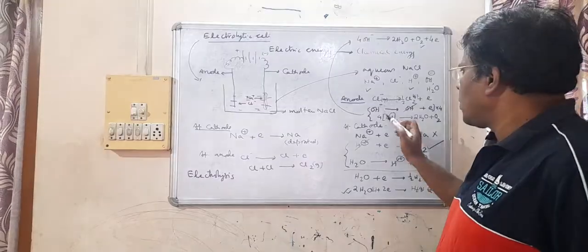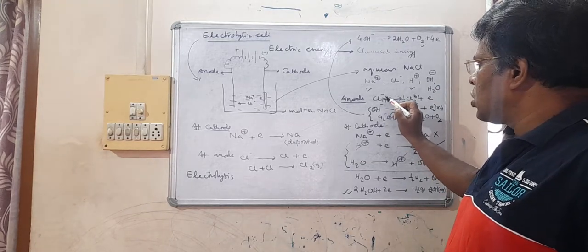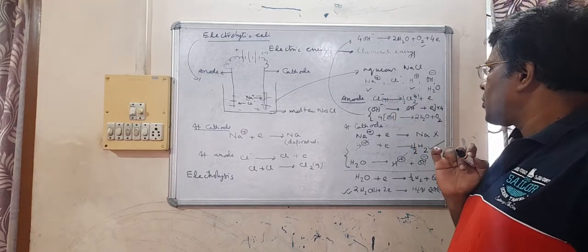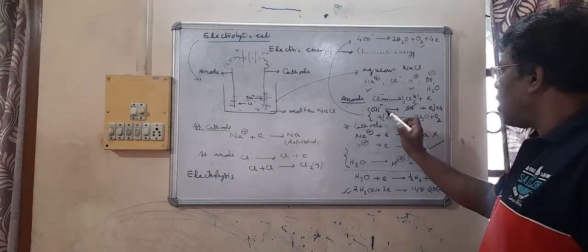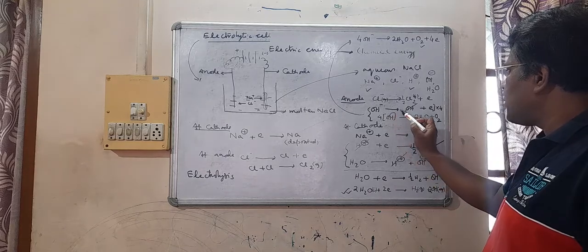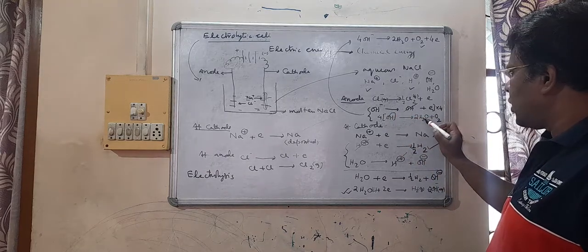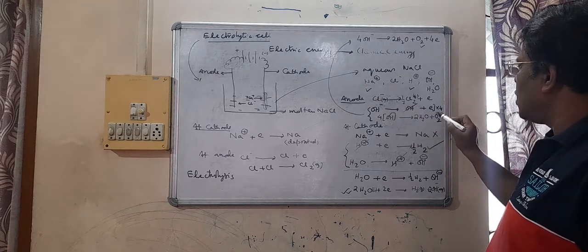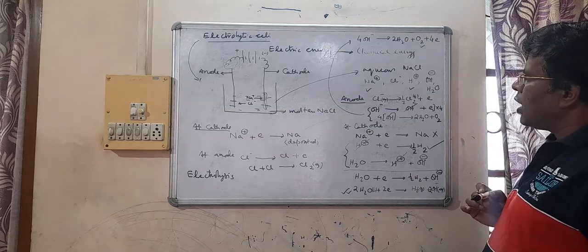If you see the table, you will get this one. OH minus has more oxidation potential than Cl minus. So this one is expected to happen. So we should expect to get oxygen gas at the anode.